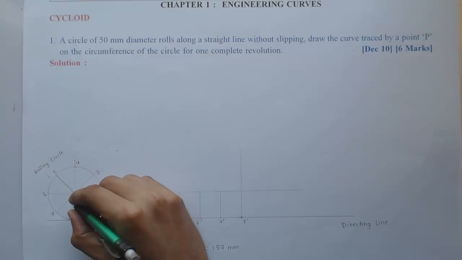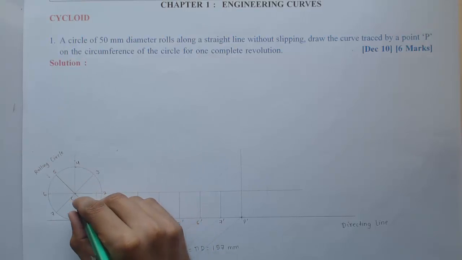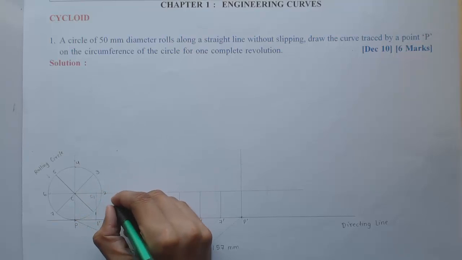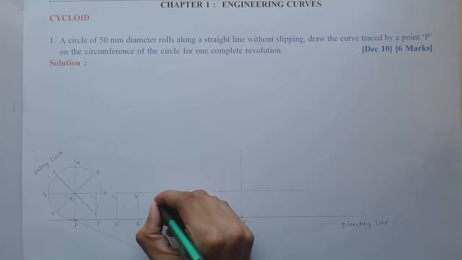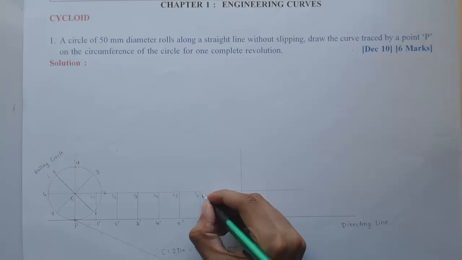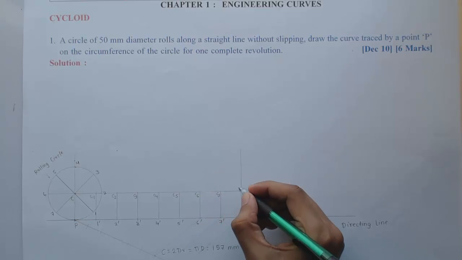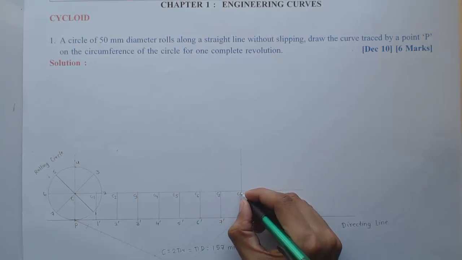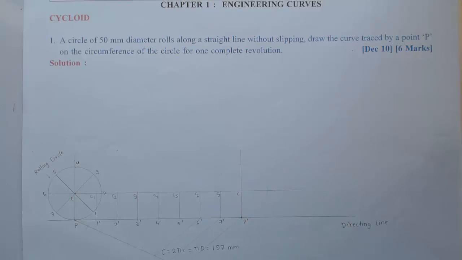So I can now write the new positions of the center: C1, then C2, C3, C4, C5, C6, C7 and C dash.